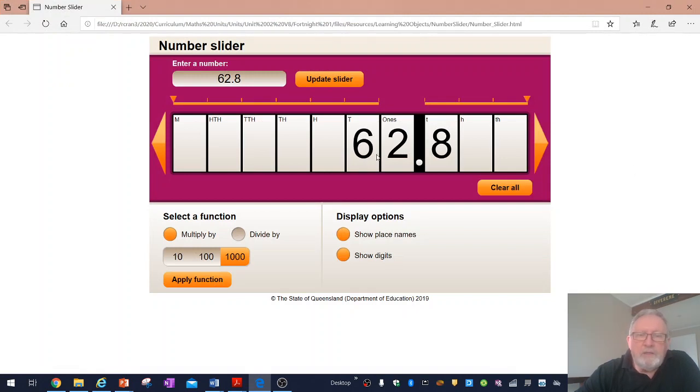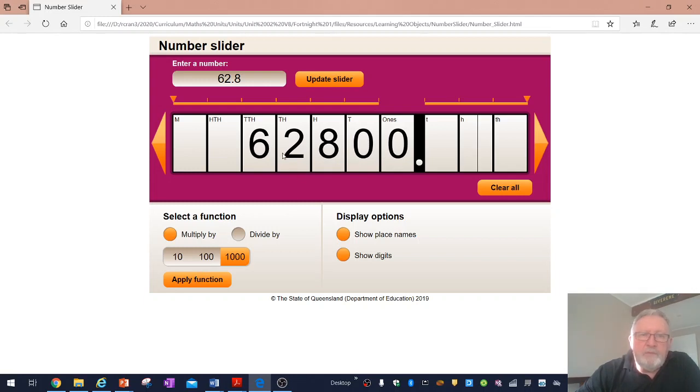So there's 62 8/10, and I'm going to multiply it by 1,000. So the difference here is we're now involving decimals. So if we're multiplying by 1,000, we've found it's going to get larger, and by 1, 2, 3 places. So let's apply. I'm predicting the 6 is going to end up over here in the tens of thousands.